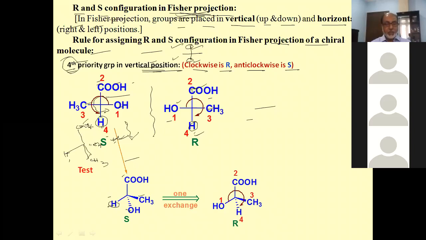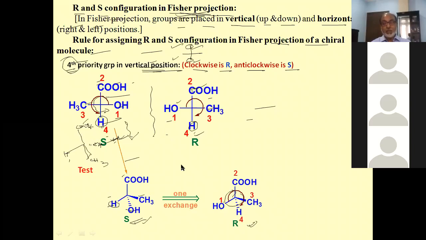So OH comes here, H goes there. So 1, 2, 3 is clockwise rotation. So this gets R. If this is R, this should be S. So this was S. This is also S. That means what we are telling is correct. Yes or no?